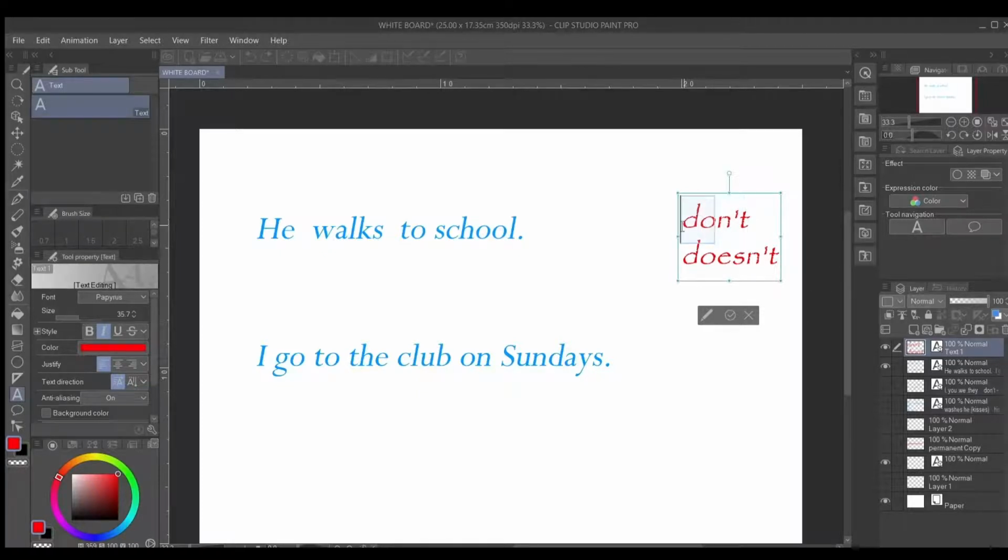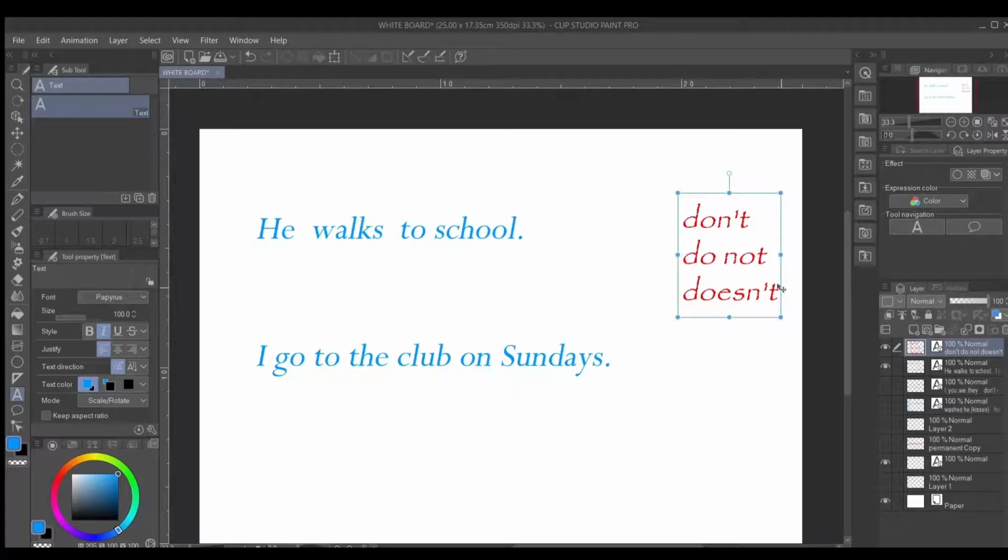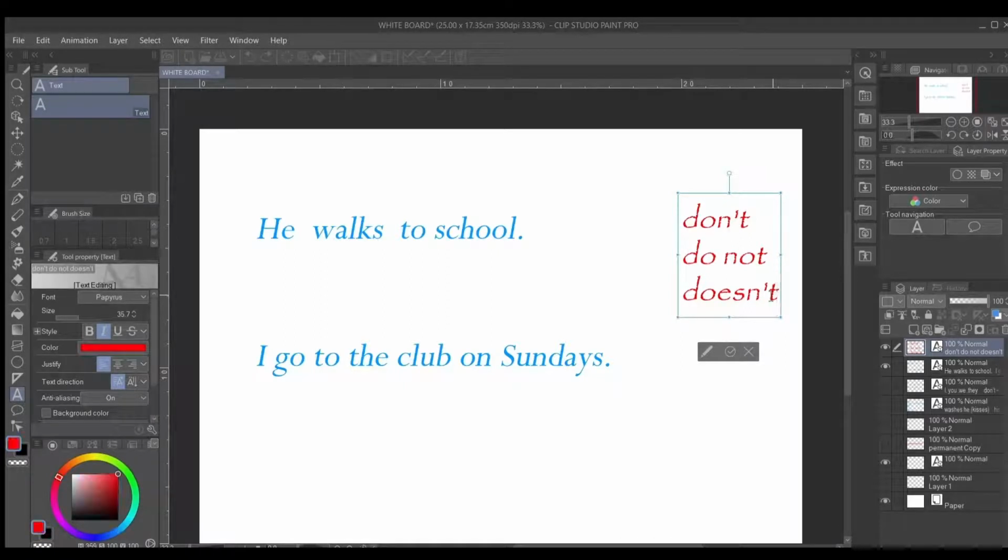No. It's the verb do plus not. Do not. And it's shortened to be don't. What about doesn't? Does it have an S? Yes. It is the verb does plus not. Does already has an ES because it ends with O. So now you understand does and doesn't.